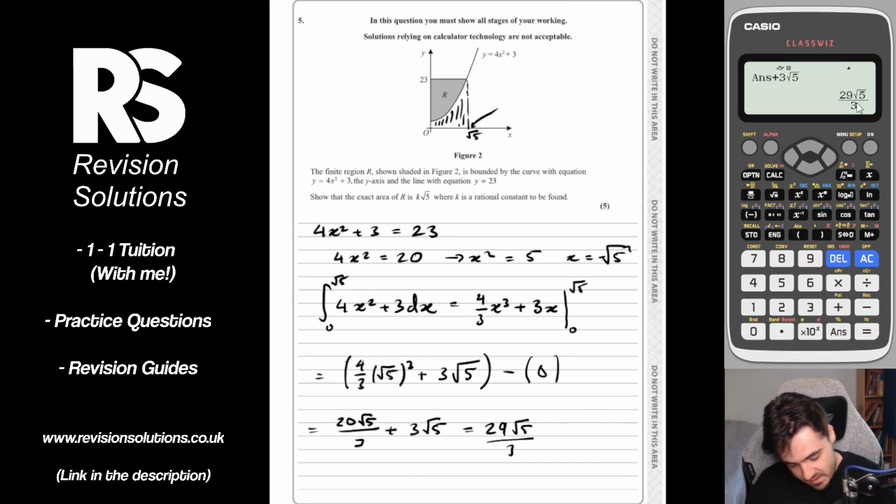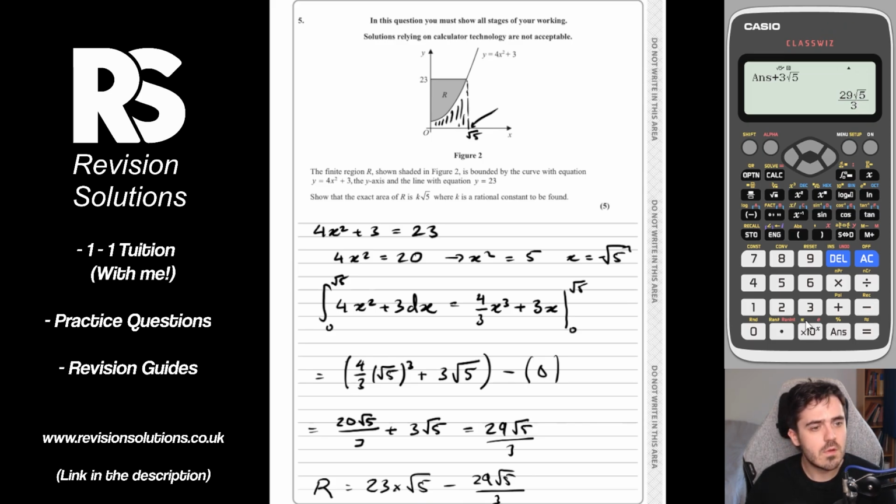But we're not quite done yet because we need to find the actual area they've asked us for. So that area R, we could find R by taking this rectangle here and subtracting the value of our integral. So that rectangle is just going to be 23 times root 5 minus the value of our integral, which was 29 root 5 over 3.